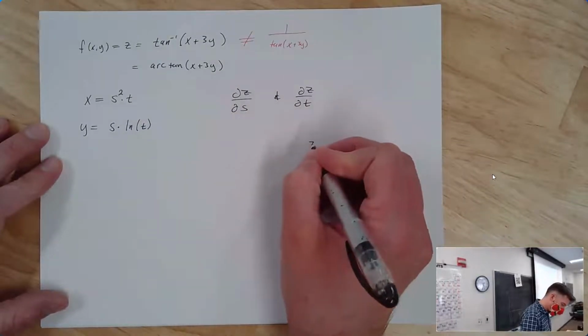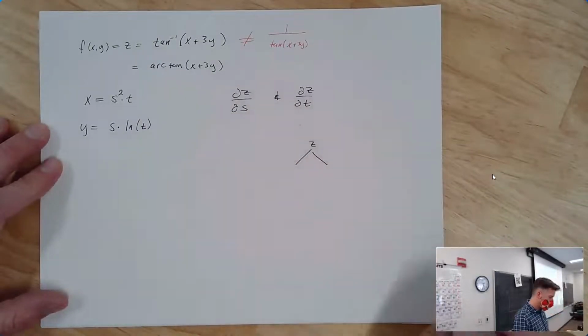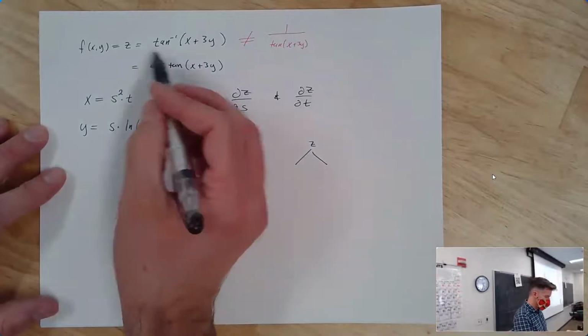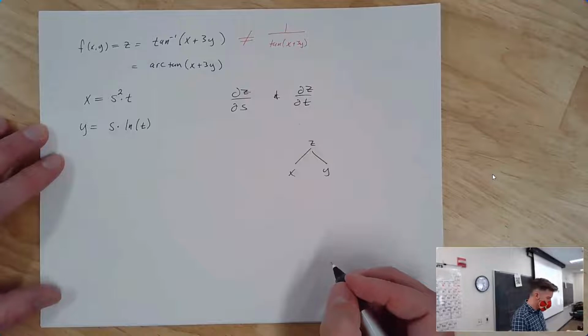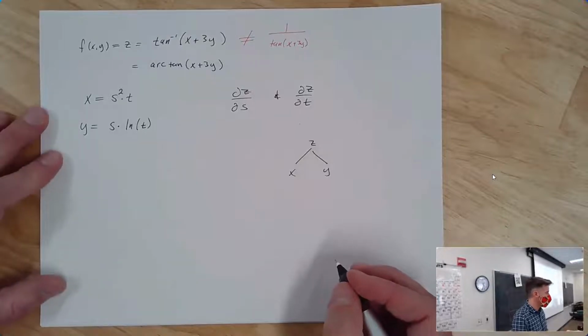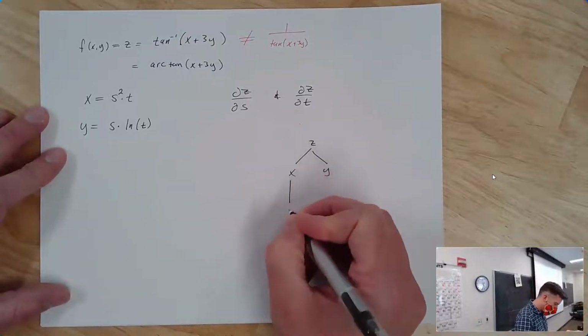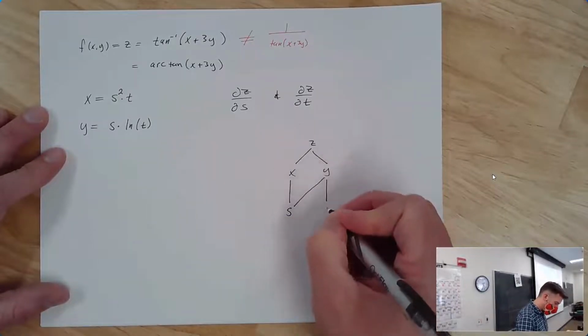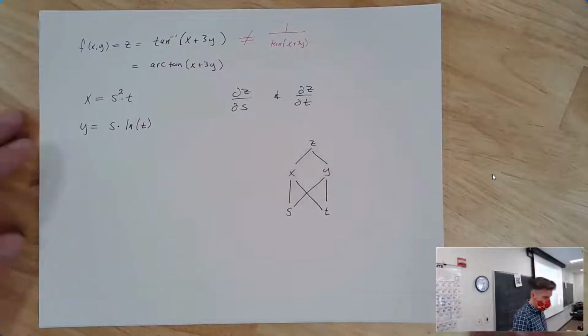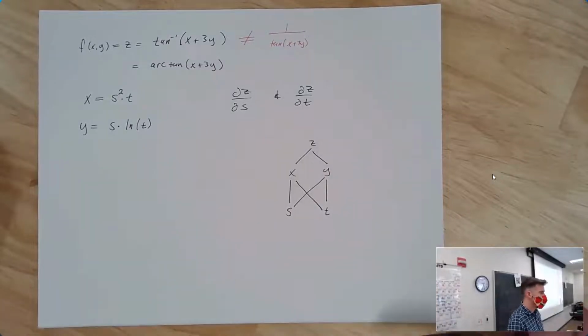So z depends on, at the highest level, x and y. And then each of x and y depend on both s and t. So x depends on s, and so does y. And x depends on t, and so does y. So there's a lot of paths to get to either one.